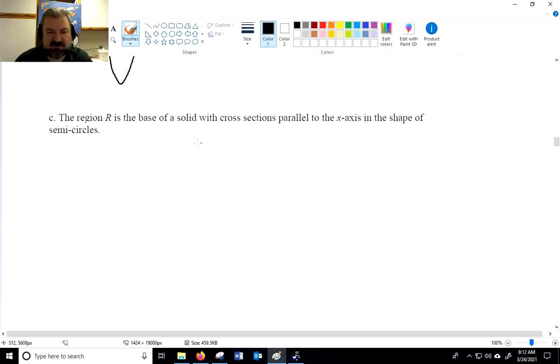All right, the region R is the base of a solid with cross-sections parallel to the x-axis in the shape of semicircles. So we're going to be doing semicircles parallel to the x-axis. So if they're parallel to the x-axis, that means they're perpendicular to the y-axis.